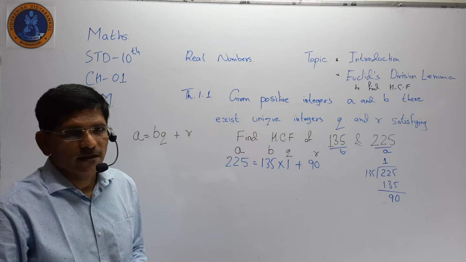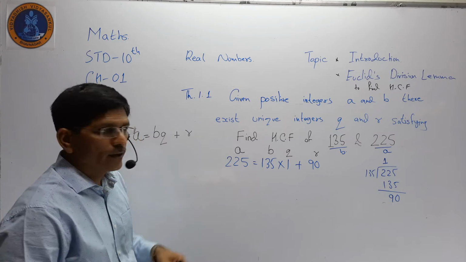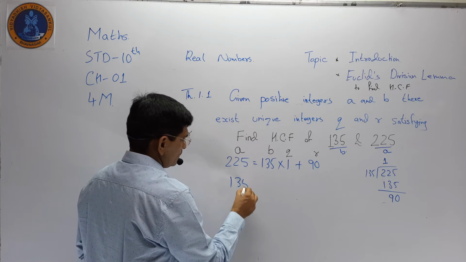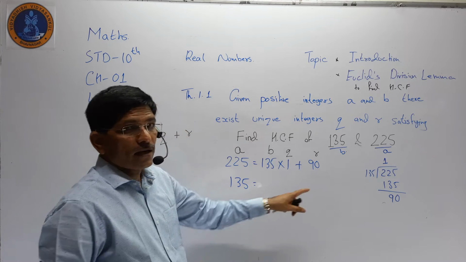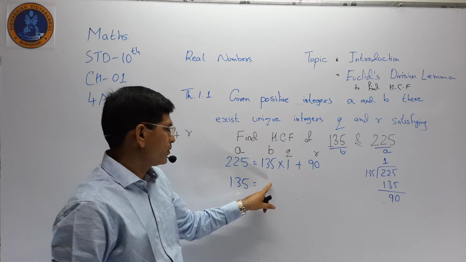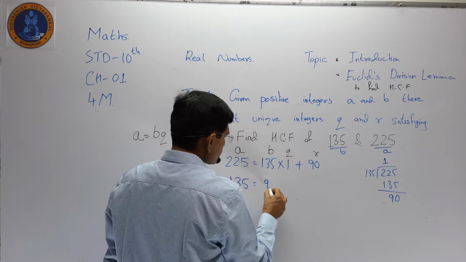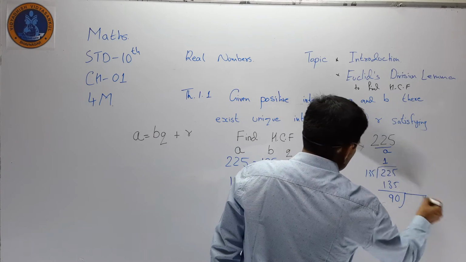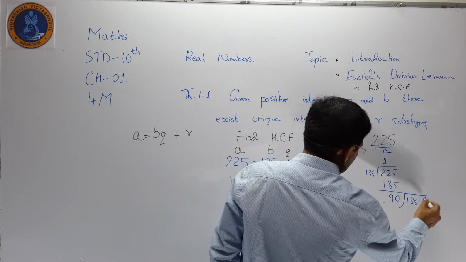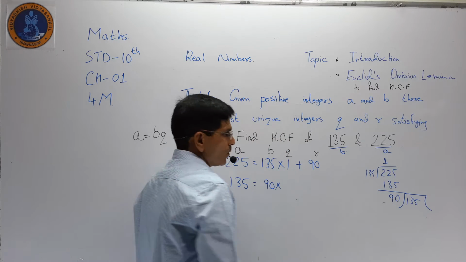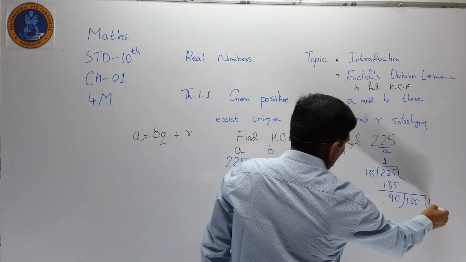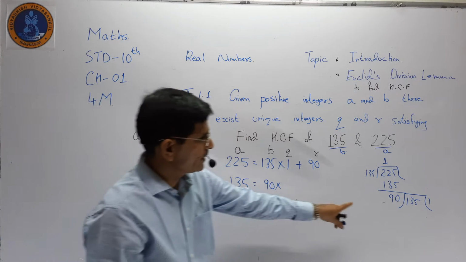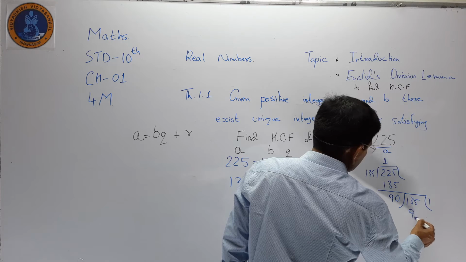Now what is the next step? 135 I have to make as A. R, always remember, I have to put as B. We can do by this method also. 135. So 135 ones are, so I divide by 90. So 90 ones are 90.